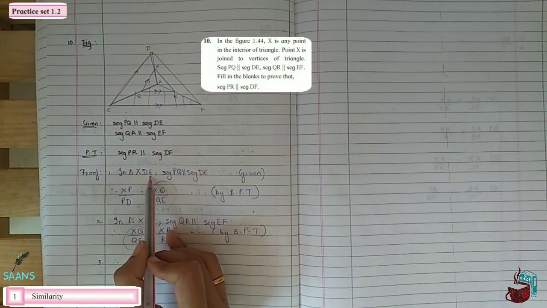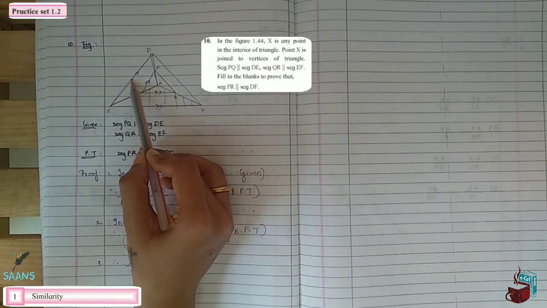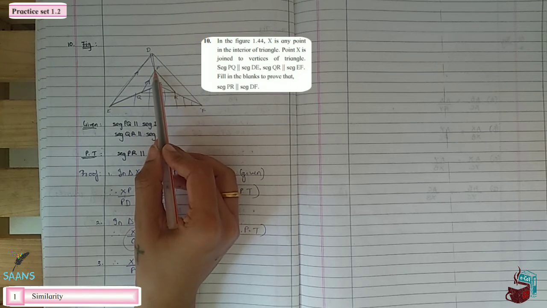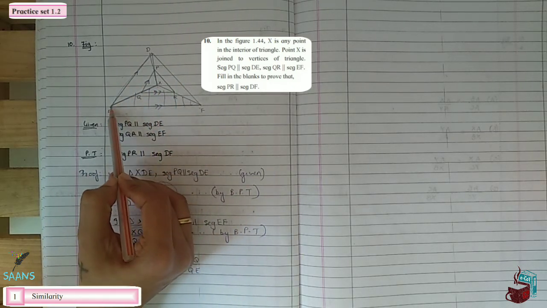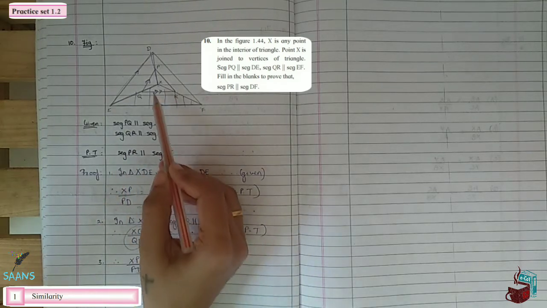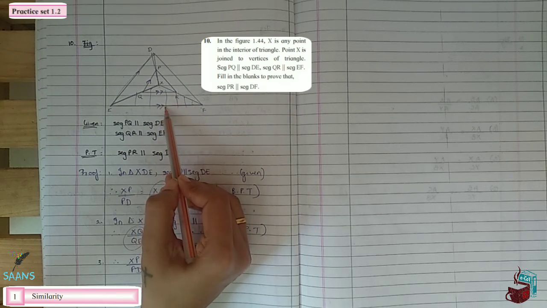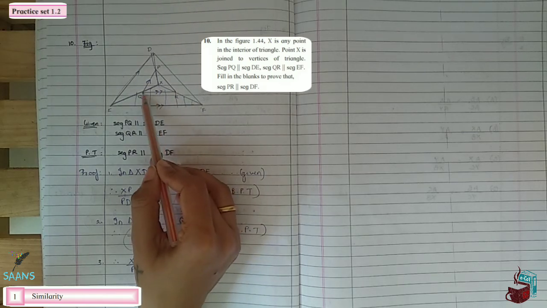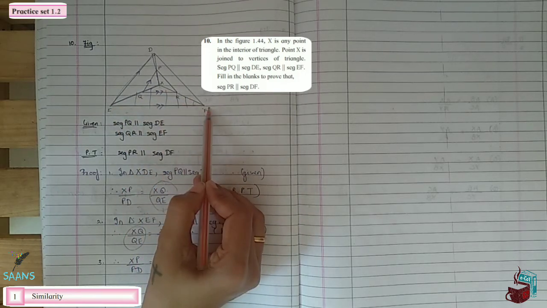Let's revise again. In triangle XDE, PQ is parallel to DE. It is given to us. Therefore, XP upon PD is equal to XQ upon QE. Next, in triangle XEF, QR is already parallel to EF. Therefore, XQ upon QE is equal to XR upon RF.